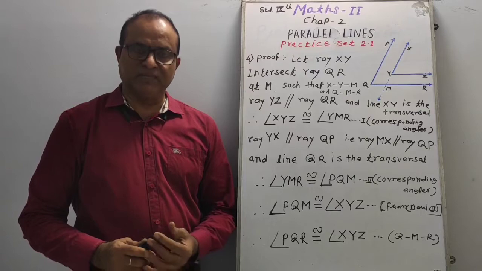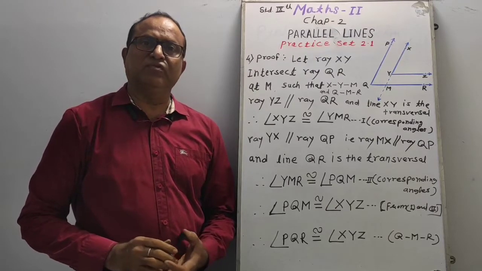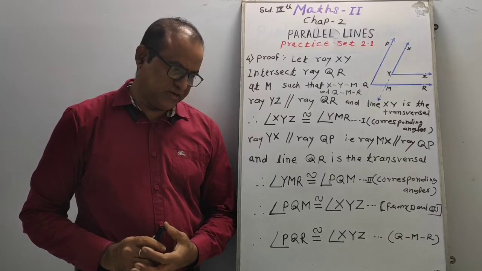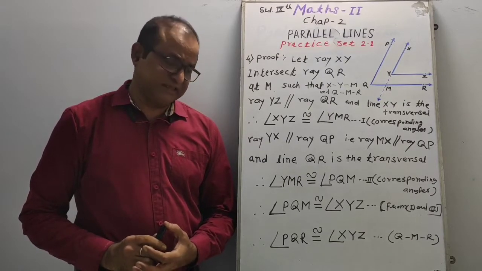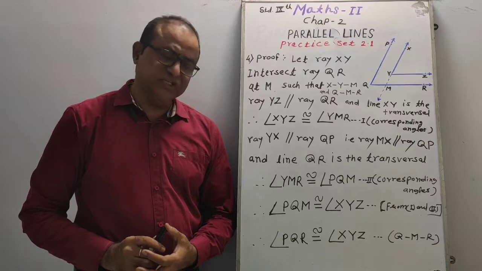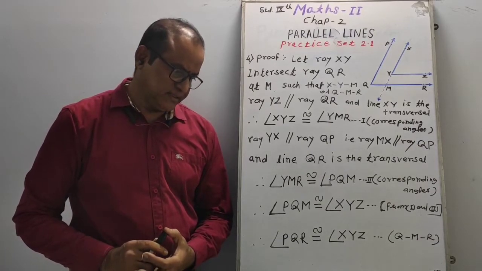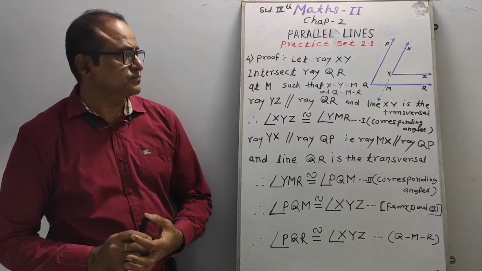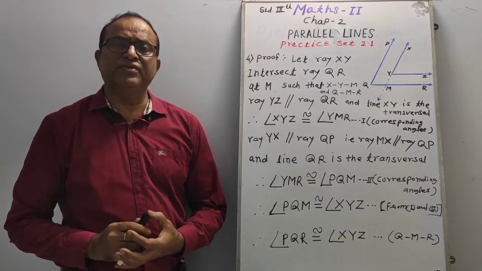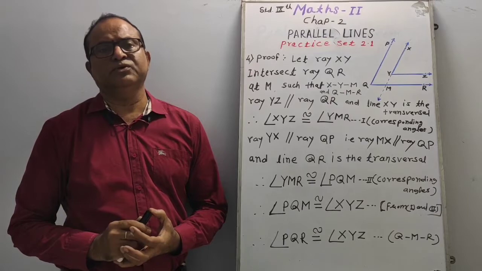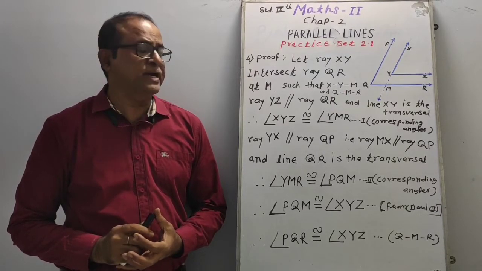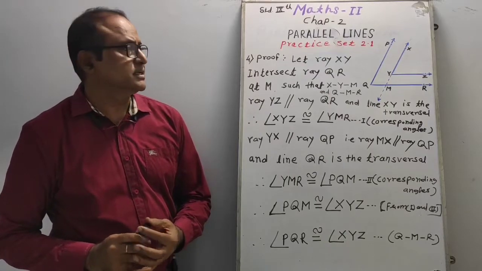Next example, example number 4. I am reading example number 4. You listen to it carefully. In the figure, the sides of angle PQR and angle XYZ are parallel to each other. Prove that angle PQR is congruent to angle XYZ. In this example, we have to prove angle PQR congruent to angle XYZ.